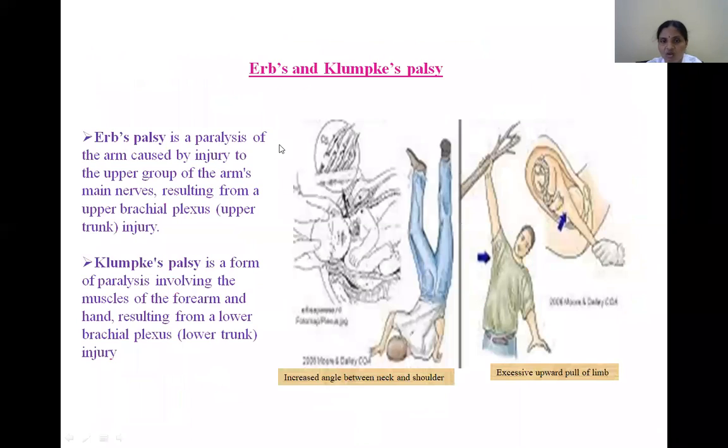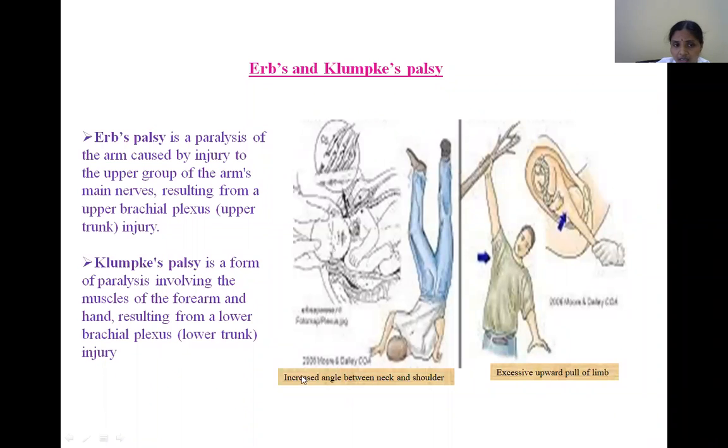What is the position? Porter's tip. How does a porter ask for a tip from behind? By placing the arm by the side of the trunk, with pronation and extension at the elbow joint. So exactly, Erb's paralysis resembles the position of the porter's tip hand.